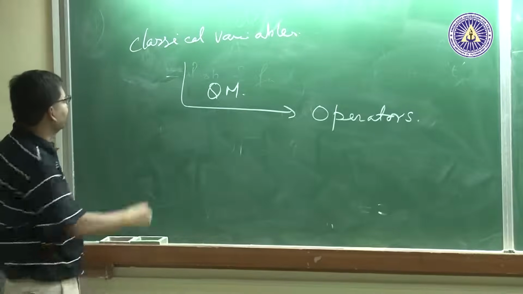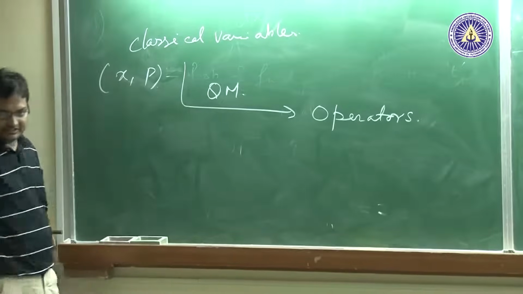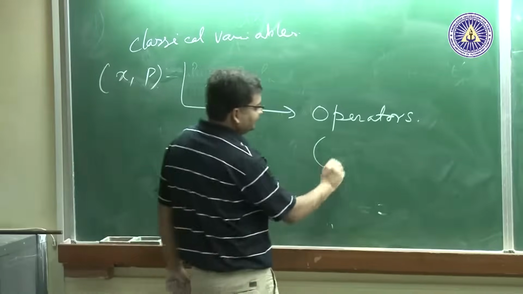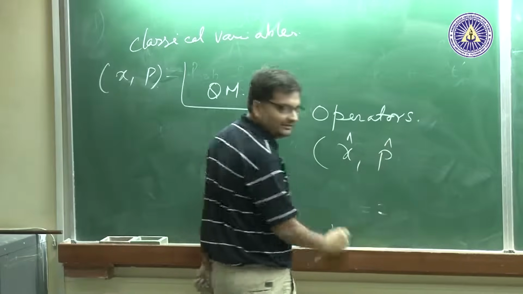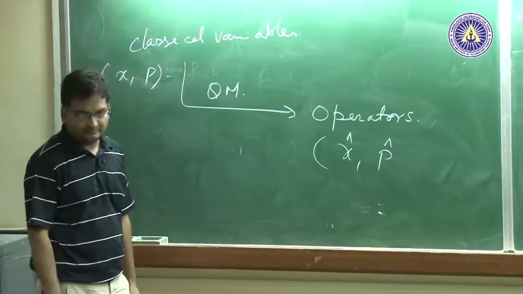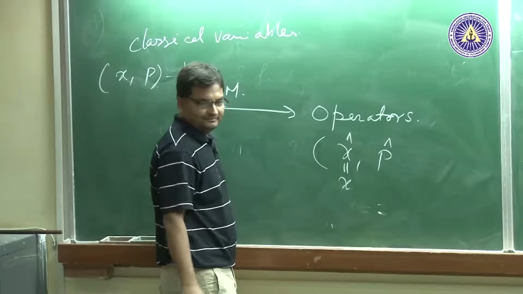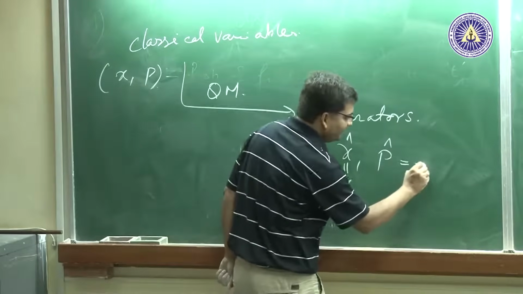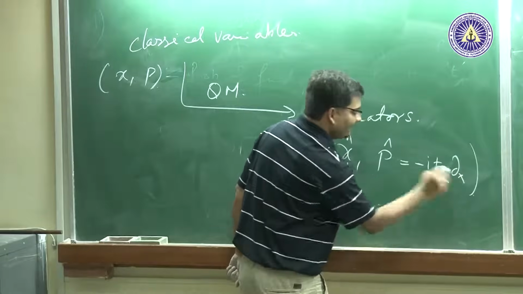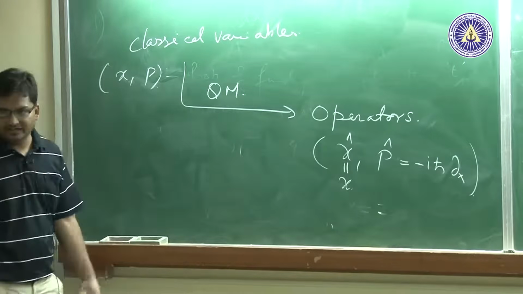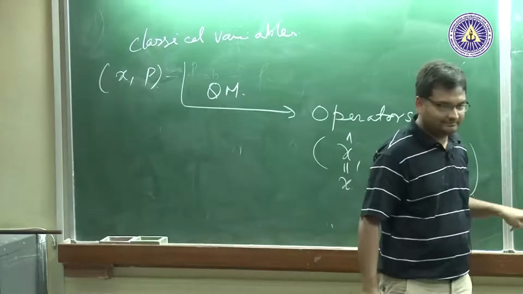So for example, here I can have x, p generally classically; quantum mechanically we generally call them x hat, p hat. Now quantum mechanically x hat is just x, and p hat turns out to be minus i h cut del by del x, and this comes out of this calculation.